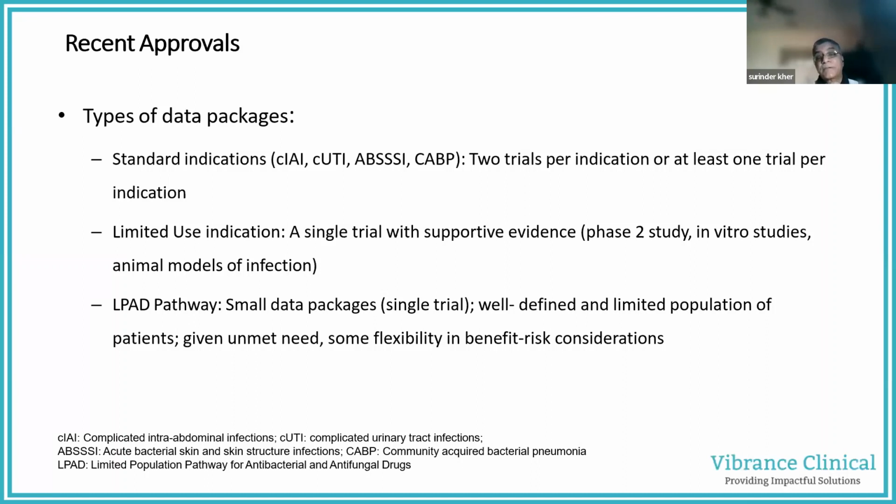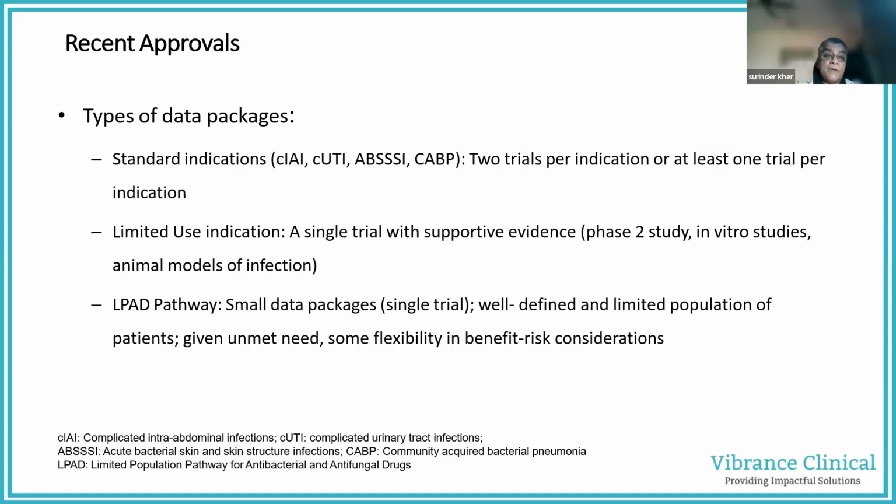Then there was a system where they said 2 trials per indication, or at least 1 trial per indication, should be required to get your regulatory approvals. Then there was a limited use indication, a single trial with supportive evidence, a phase 2 study, in vitro study and animal model as a support to the whole data package.